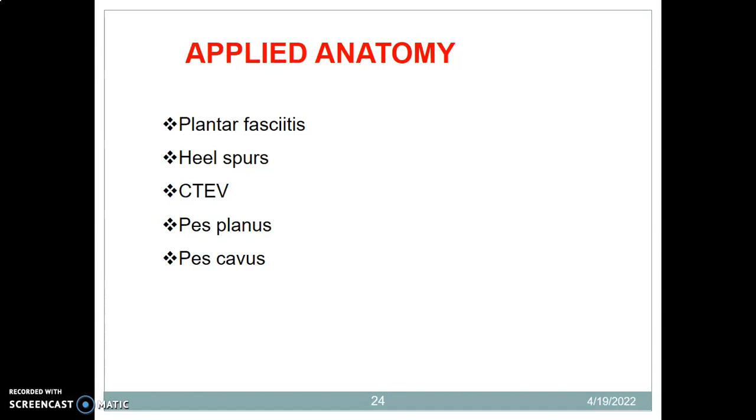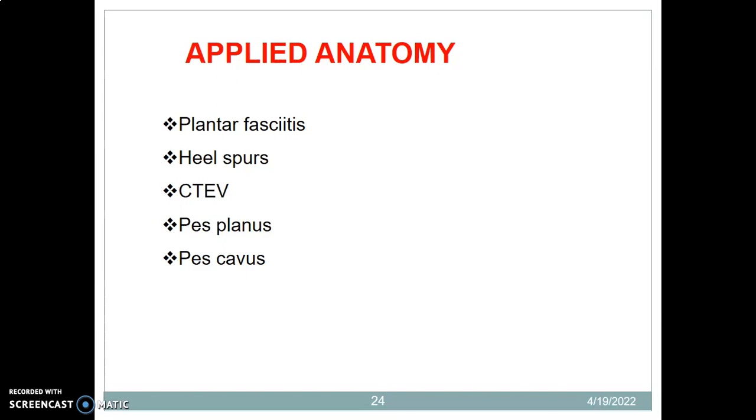So what is pes cavus deformity? It's typically an elevated longitudinal plantar arc of the foot. So instead of a normal arc, you now have a high arc of the foot. And what causes this pes cavus?